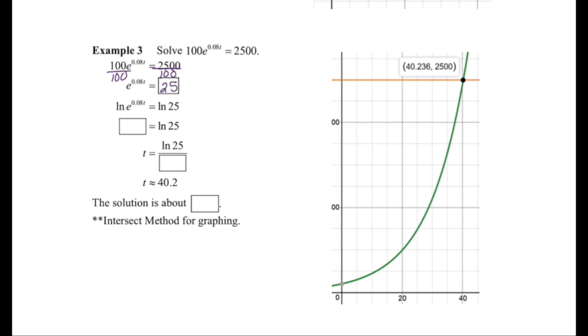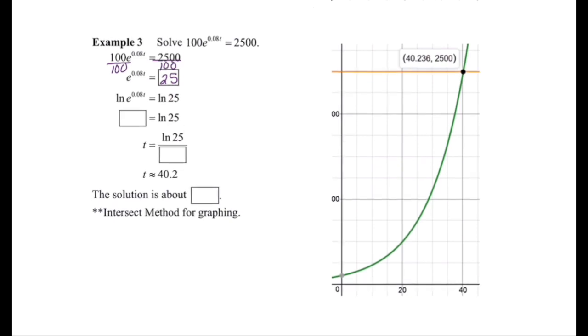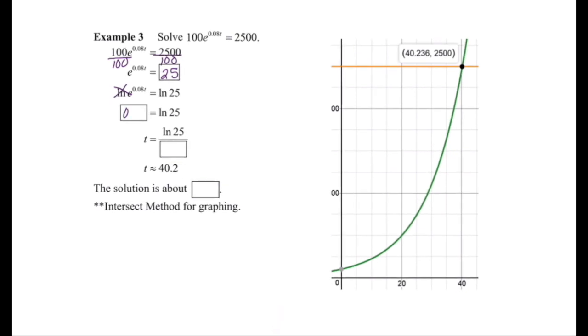I know that when I take the natural log, it will get rid of my e value, since these cancel each other. So when I take the natural log of both sides, I'll have 0.08t equal to the natural log of 25. I then can get t by itself by dividing both sides by 0.08.